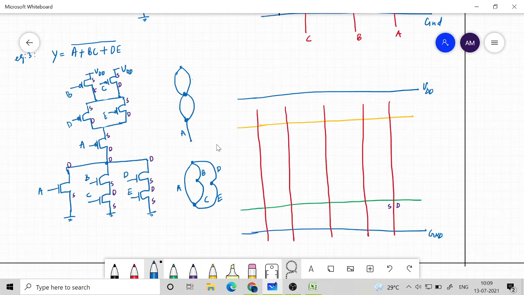Okay, so in that case, it will become DE, BC. Now let's try again. So I go with A and then D, no. It's the same story.